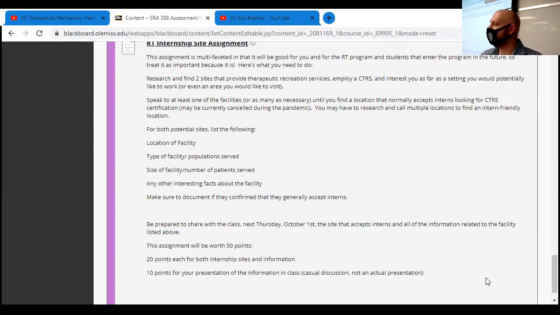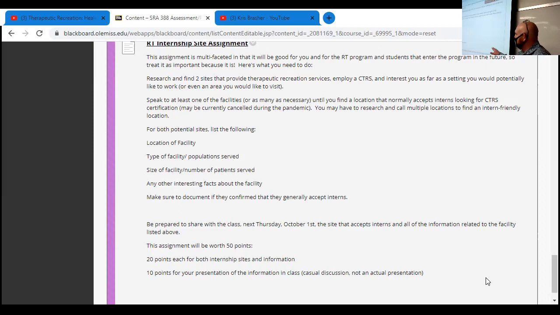So you're helping yourself if you choose to go the CTRS internship route. You're helping me by helping me build this, and I'm going to give you points for it. And you're helping students that are coming into the minor that end up going the CTRS route too.